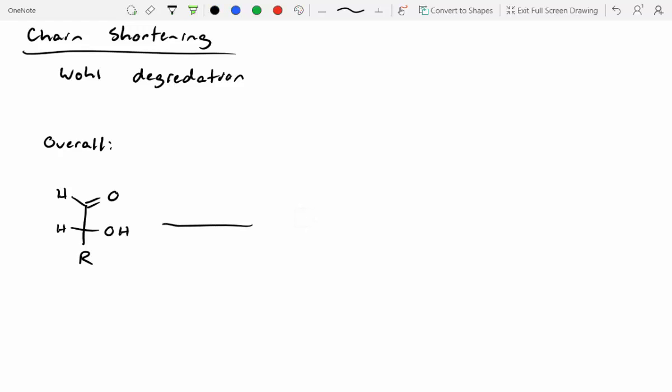And we're going to treat this with an amine, specifically hydroxylamine. And when this happens, you end up forming an oxime, which is a variant of an imine. We know that nitrogens are more nucleophilic than the oxygen. So now we've got an oxime.